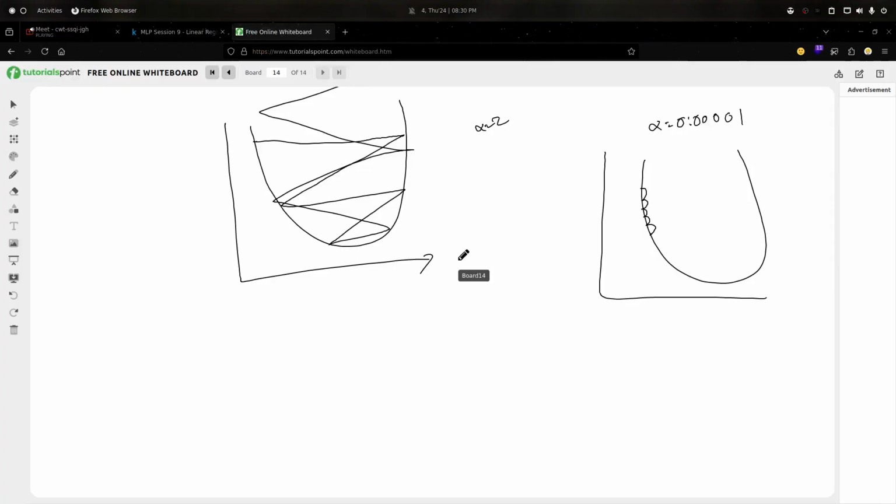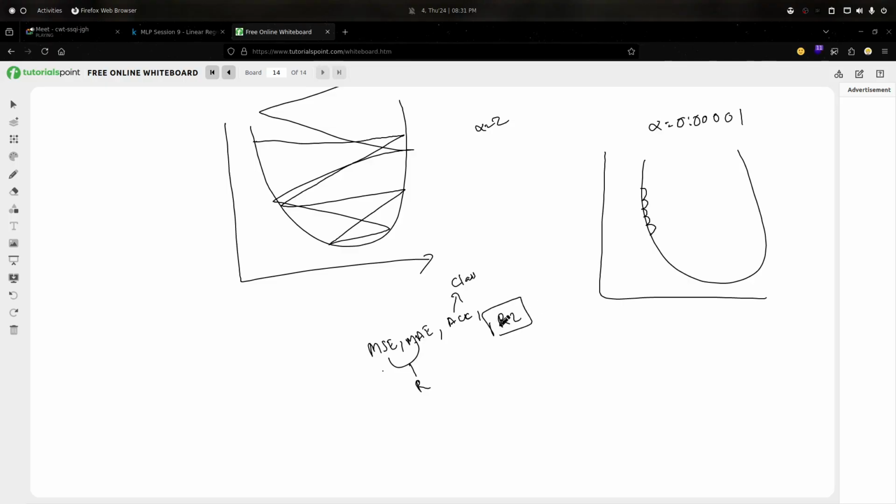Just as we have MSE and MAE as cost functions, we similarly have accuracy. Accuracy is for classification. MSE and MAE are for regression. And we also have R2.